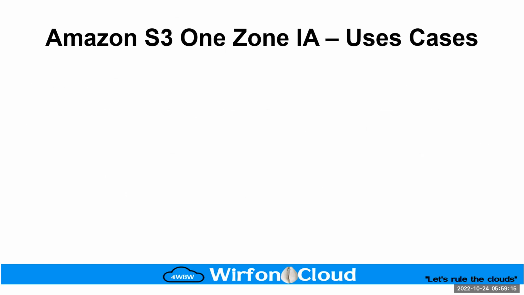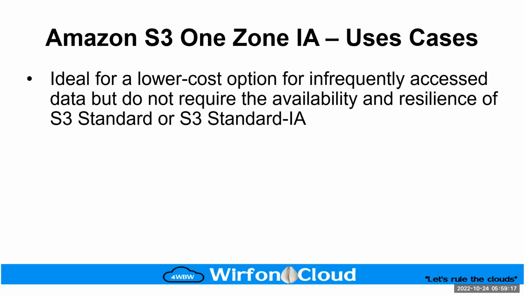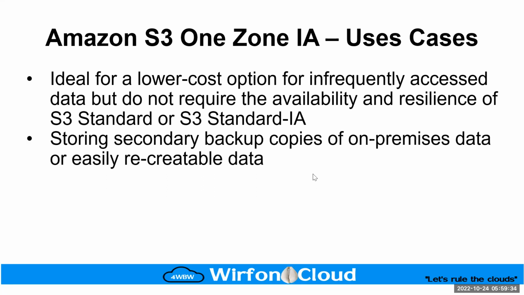So when do you want to use One Zone IA? For data that's infrequently accessed, but that doesn't require the availability and the resilience of S3 Standard or S3 Standard IA. You also use it as a secondary backup, not a primary backup, of easily recreatable data.